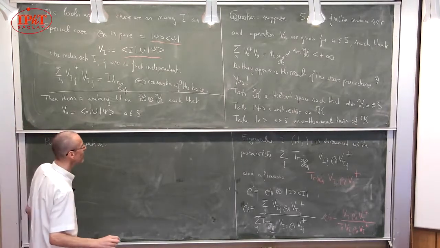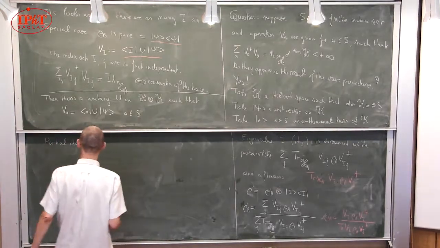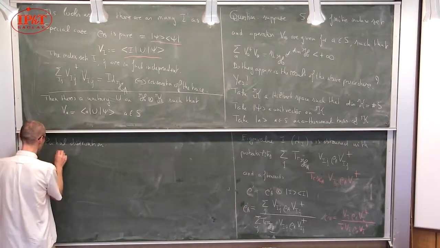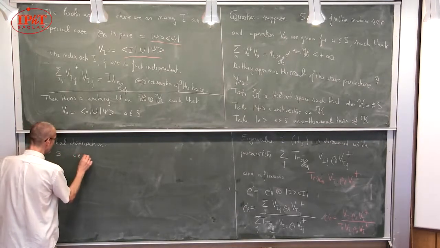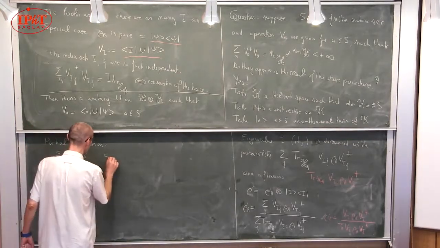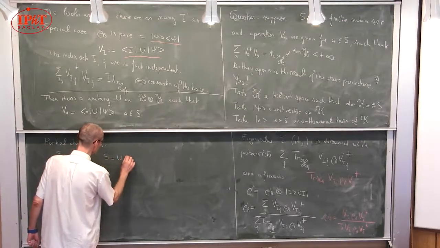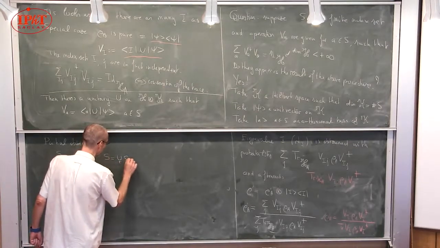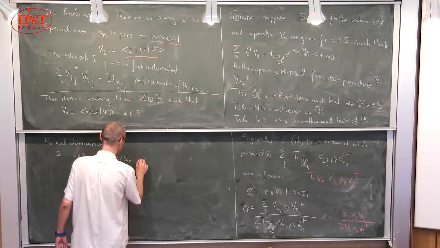So now we have A belonging to S, and now we partition S equal to the union over r of S_r, and it's a partition.